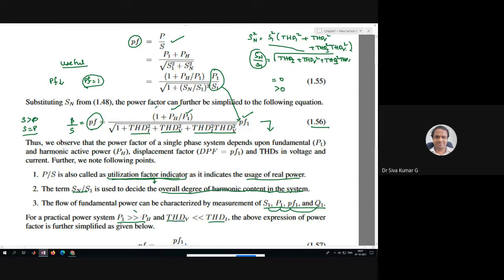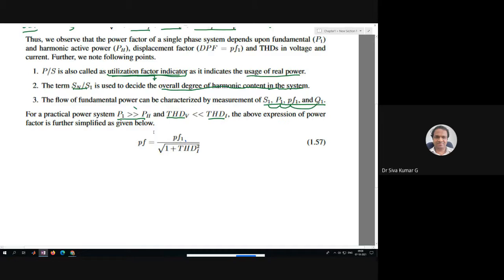In that case, this particular term won't be there, because this value is very much lower, so we neglect this term. And then, as the THD voltage is much lesser than the THD of the current, we have 1 plus THD in current in the equation.